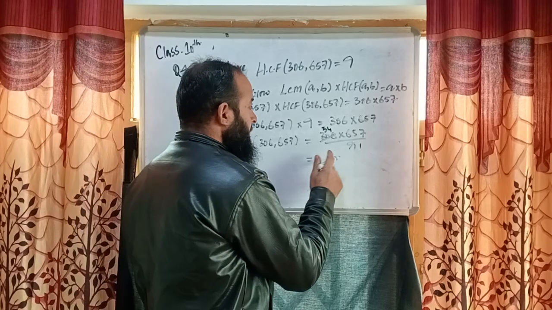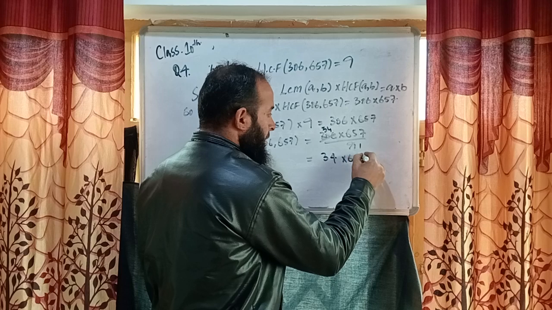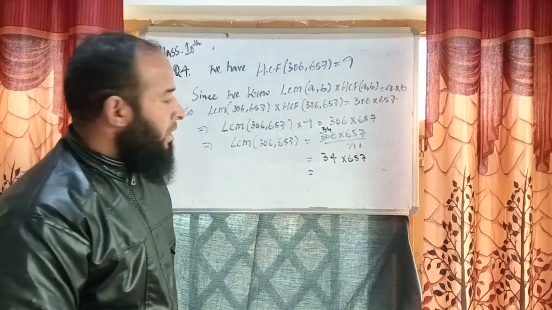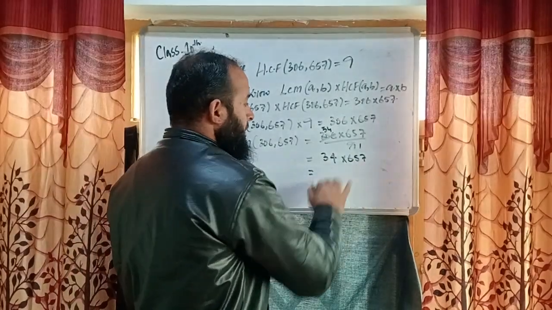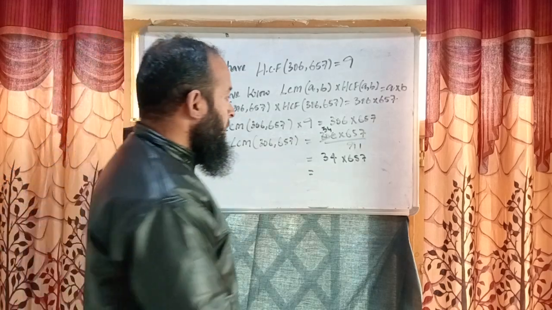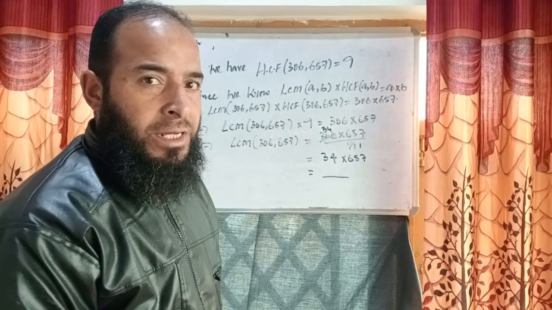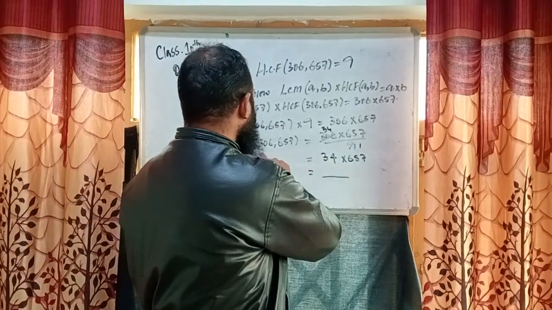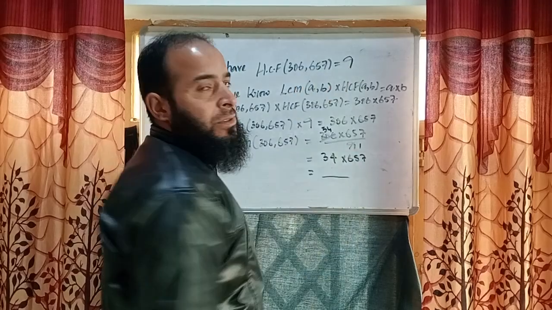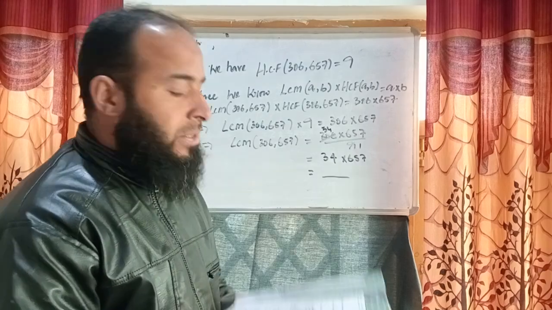So LCM will be 34 into 657. You can easily calculate this product. You have to write the answer in the comment section. What will be the LCM of these two numbers? It is an important question from the exam point of view.